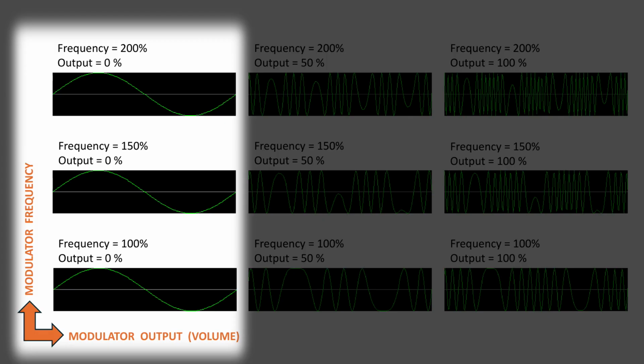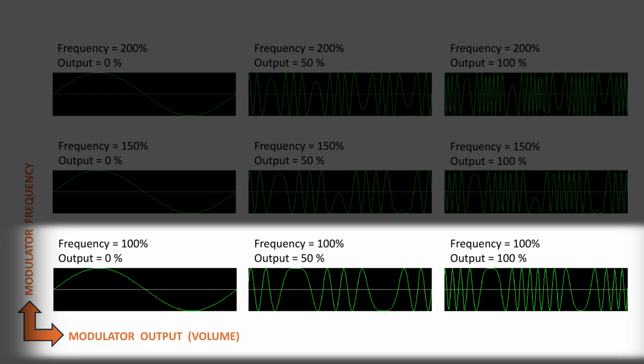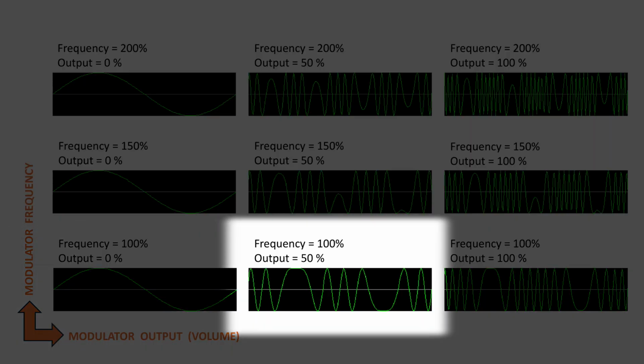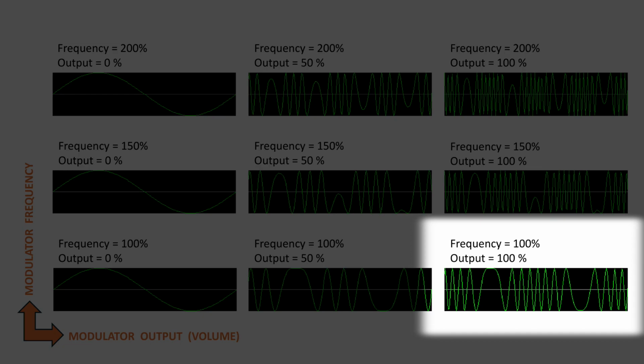If the modulator has no volume, it's not going to impact the carrier wave at all. What you're seeing here is just a raw carrier signal. When you increase the output, the frequency hasn't been touched, but you're getting more waves here, and then you increase it more, you're getting even more waves.